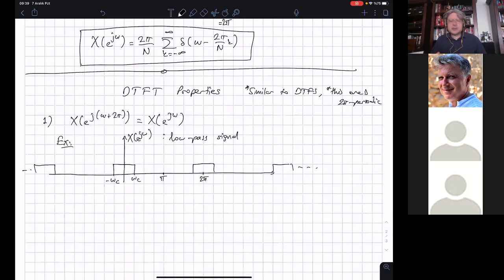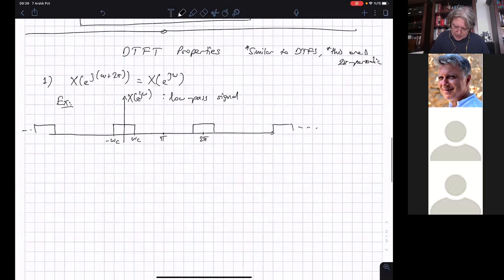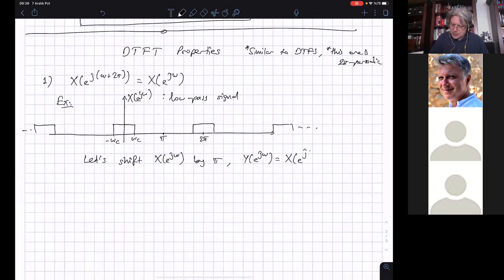And it corresponds to a time domain signal, x of n. Let's shift X of e to the j omega by pi to make Y of e to the j omega equal to X of e to the j omega minus pi.